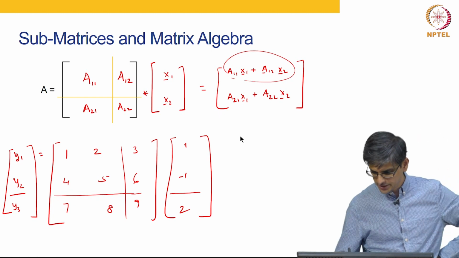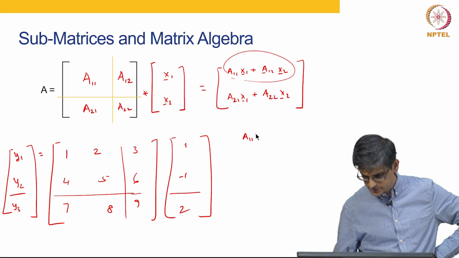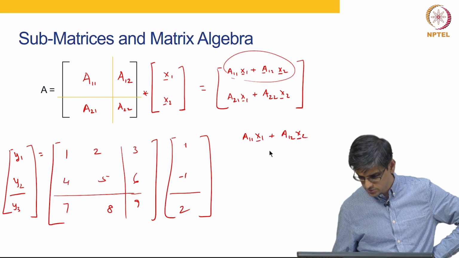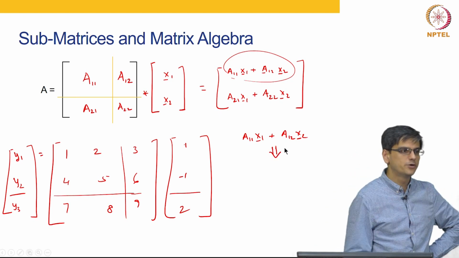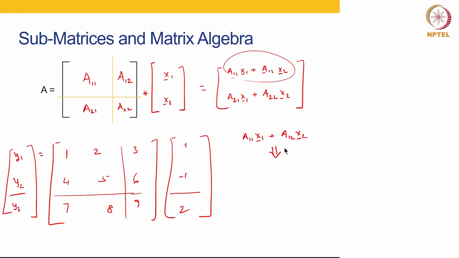So, let's look at A11 x1 bar plus A12 x2 bar. I don't know whether you covered this particular part earlier in your undergrad or before that, but this is something that will be quite useful, at least in the later half of this course, but maybe even earlier.